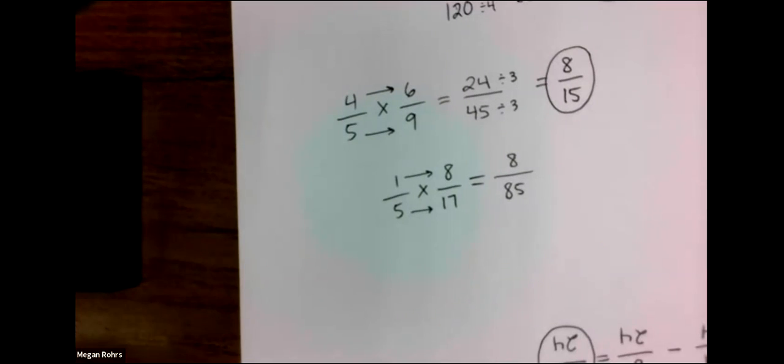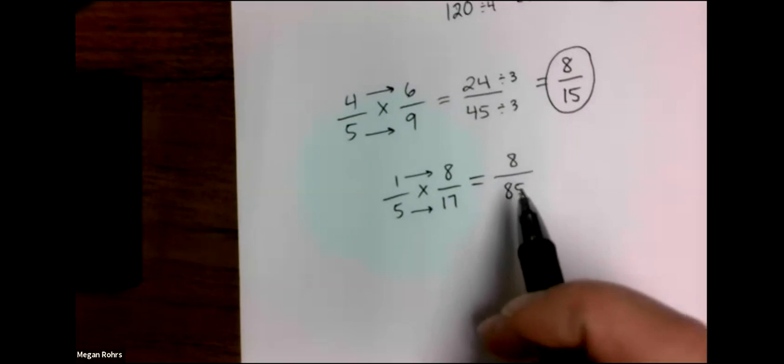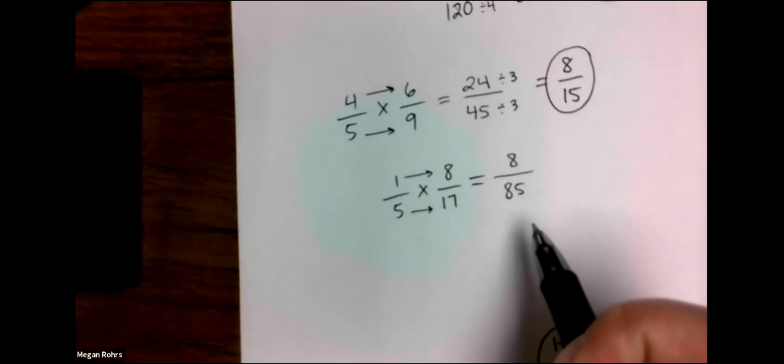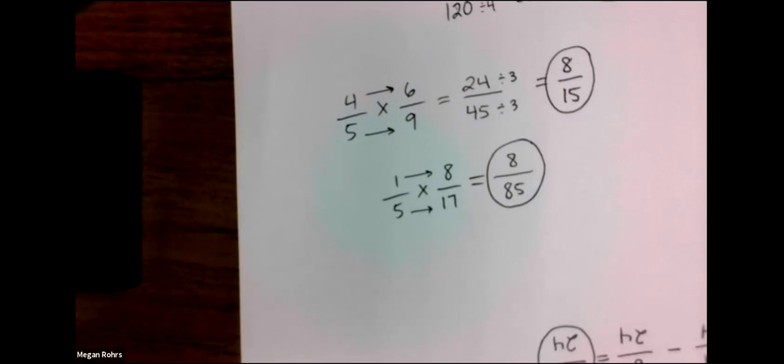So 8/85. And I cannot find a number that is going to go into both of these numbers evenly. So that is where we would leave our proper fraction there.